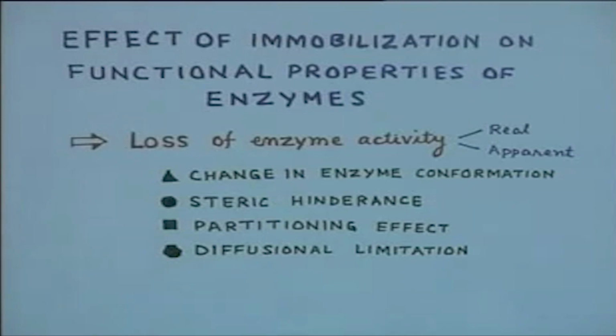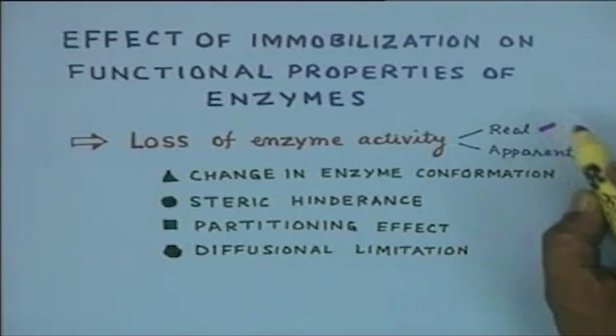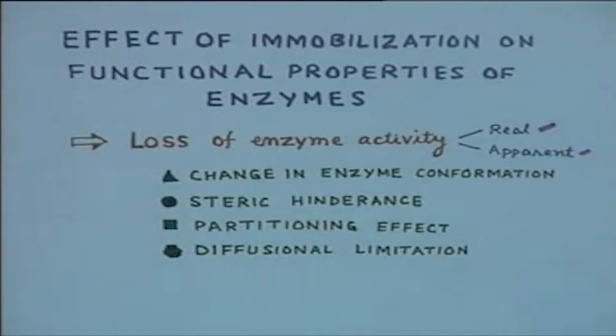The yield can vary depending on the method of immobilization, the carrier, and the stability of the enzyme itself with respect to the conditions of immobilization. Now, this loss of enzyme activity could be real or apparent.